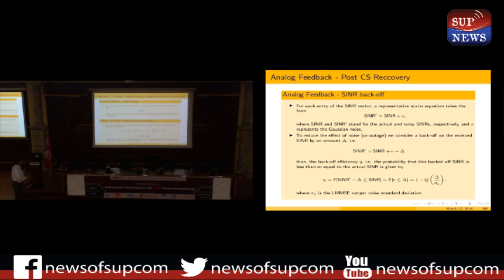In this case, what we do is the following. Each user is going to find the best beam for him, and he's going to send a 1 divided by Hn times phi m. Hn is his channel, and phi m is the actual beam. The base station is going to measure what it receives at each antenna.